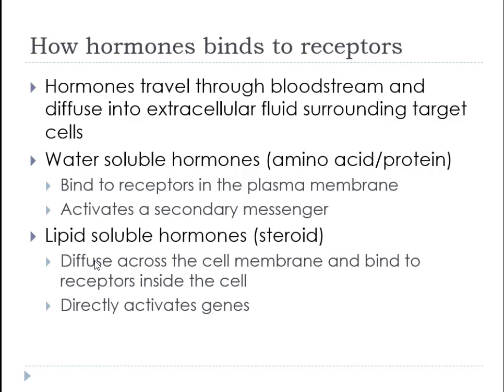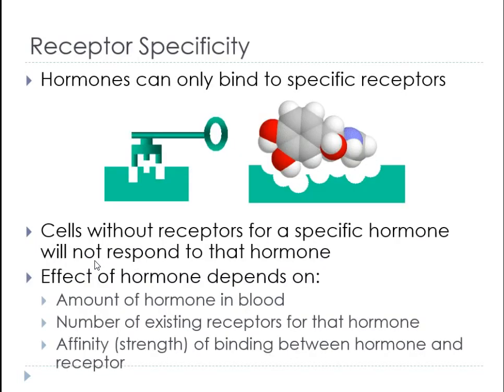The lipid-soluble hormone, because it's made out of fat, will travel right through the lipid bilayer and go right into the nucleus and activate some genes. Remember, the lipid-soluble ones, the steroid ones, are called hydrophobic.